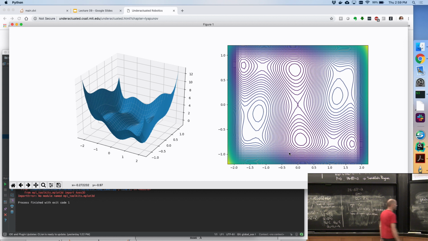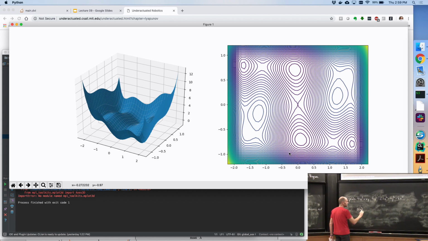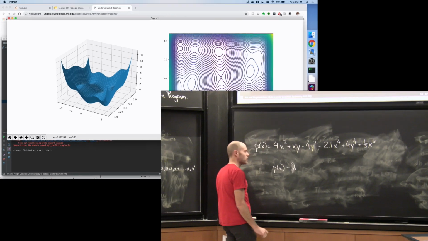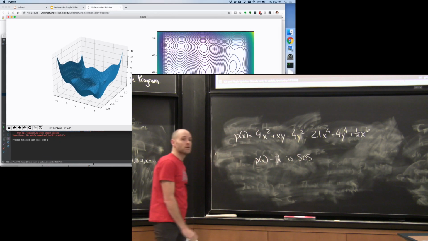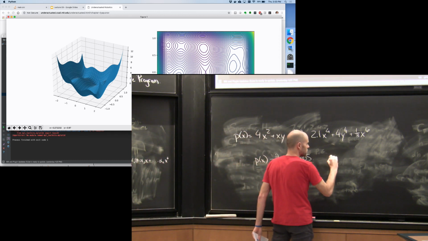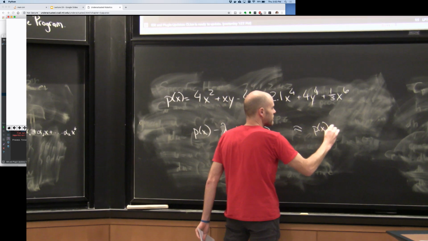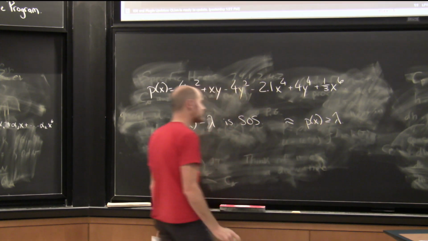So how do you do that? I'd like p of x minus, let's say, p min, or I call it lambda, to be a sum of squares. This is almost equivalent to saying p of x is greater than lambda.